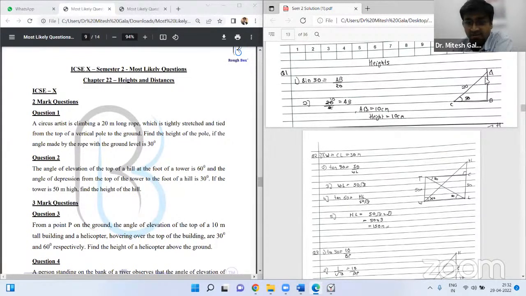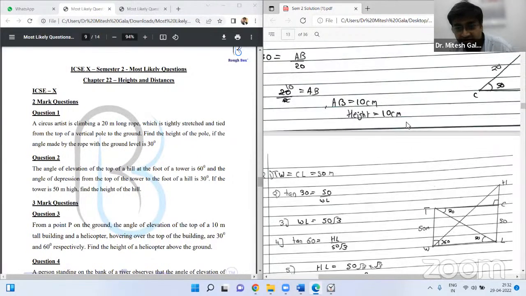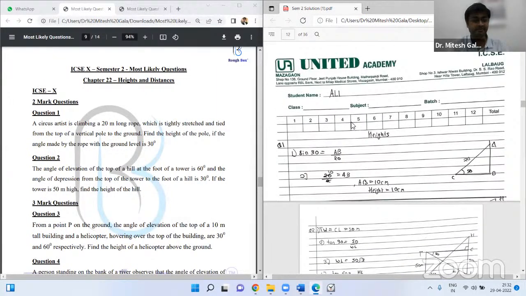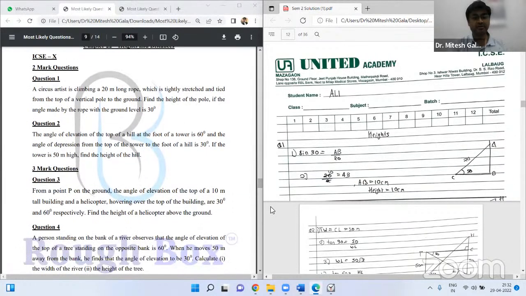Find the height of the pole. So you apply sine 30, opposite upon hypotenuse, and your answer should be 10 meters. Everybody getting 10 meters here? What is the sine 30 value? Sorry, 10 meters. Come on, question 2, simple question.